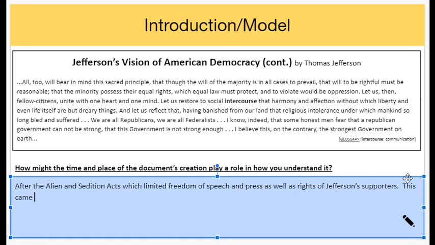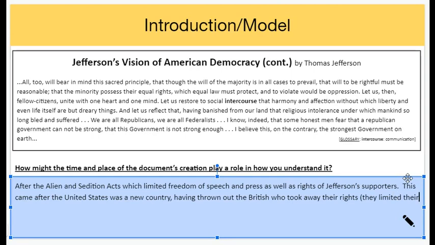Okay, this came after the United States, I'm thinking out loud right now, was a new country having thrown out the British who took away their rights. They limited the colonists' freedoms, especially religion.